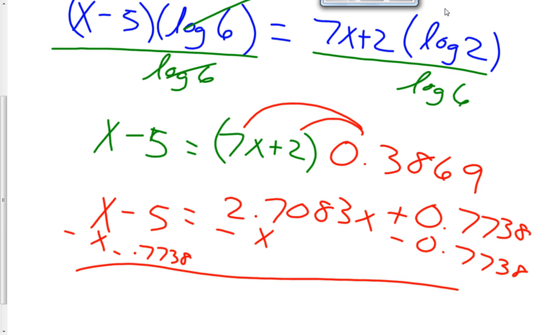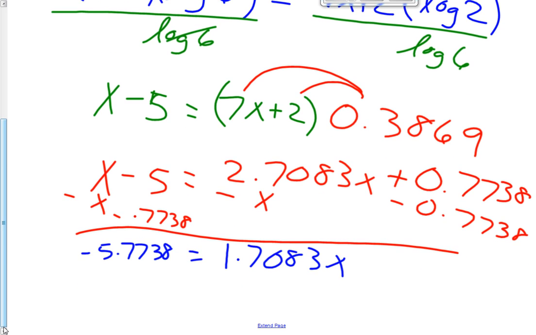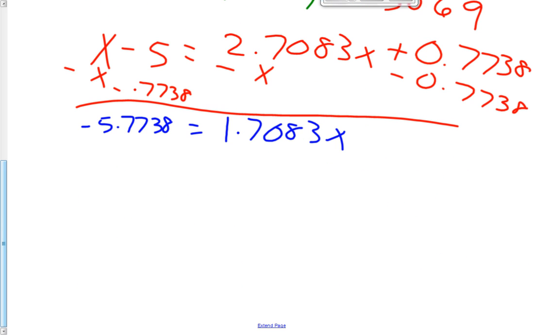So then, on the right side, I end up with 1.7083x, and on the left side, I end up with a negative 5.7738. So then finally, I got to get x all by itself, so I got to divide by this gross number and do that to both sides.